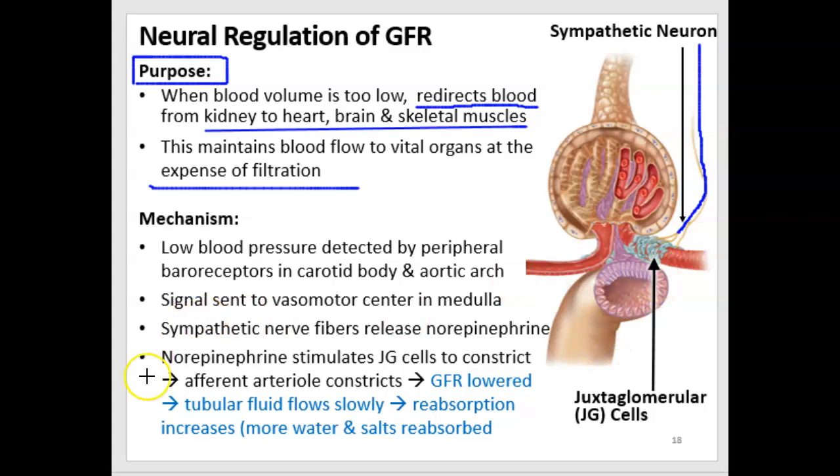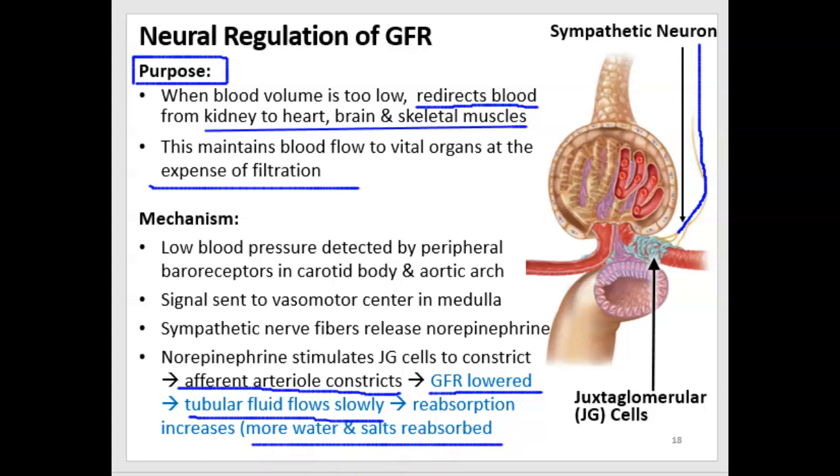The sympathetic neuron releases norepinephrine that causes these cells to contract the afferent arteriole, and so that lowers GFR. So low blood pressure, and you will lower the glomerular filtration. This is going to slow how fast fluid flows through the nephron, so that there's more time for reabsorption of water and salts, because water is going to follow the salt.